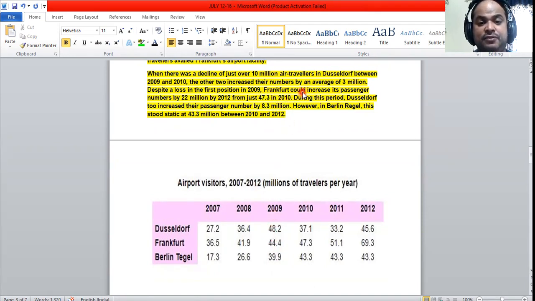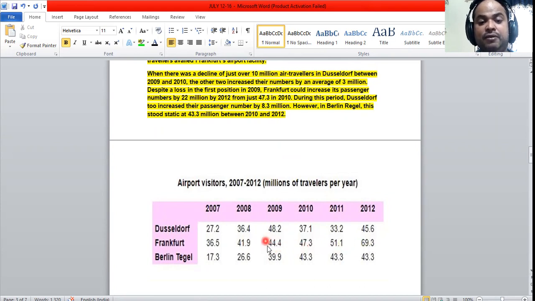Frankfurt could increase its passenger numbers by 22 million by 2012. Yes. So from just 47.3, it has increased by 22 million passengers here.